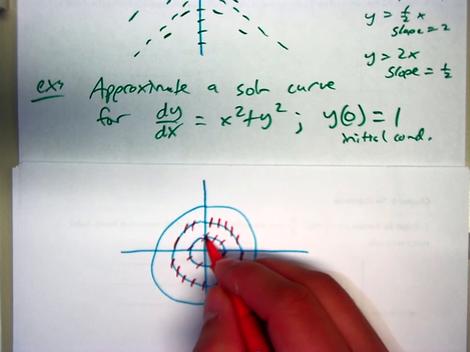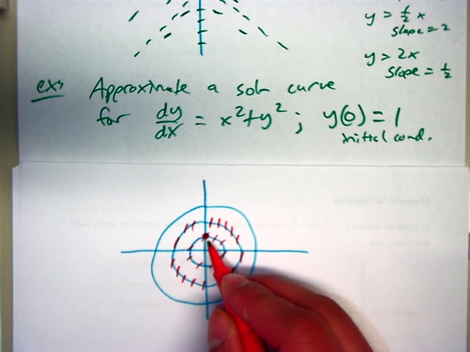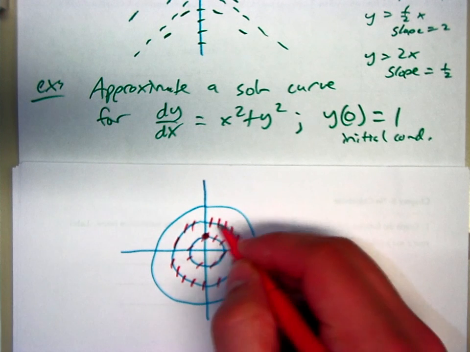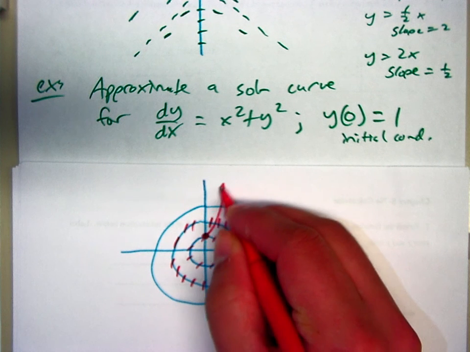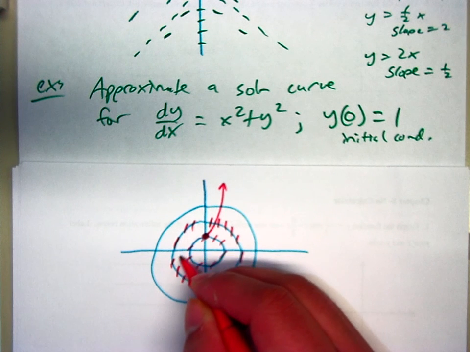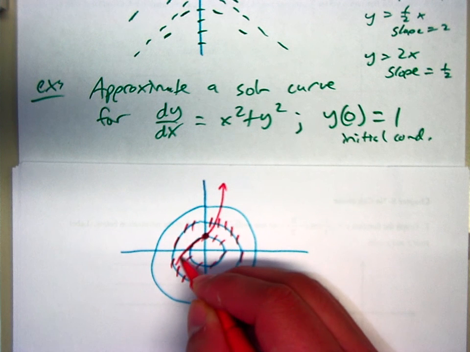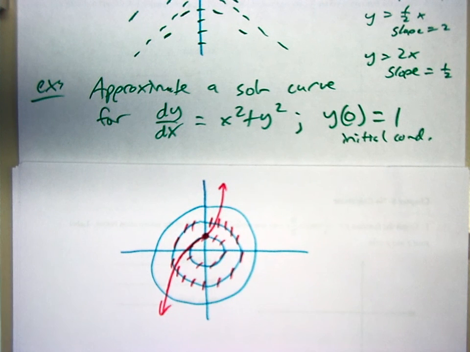And then they get steeper, right? So if we're going through 0, 1, this point needs to be part of the curve. And as we go to the right, it looks like we increase. And as we go this way, we decrease, but then we start to decrease a little quicker. So maybe something like that. Make sense?